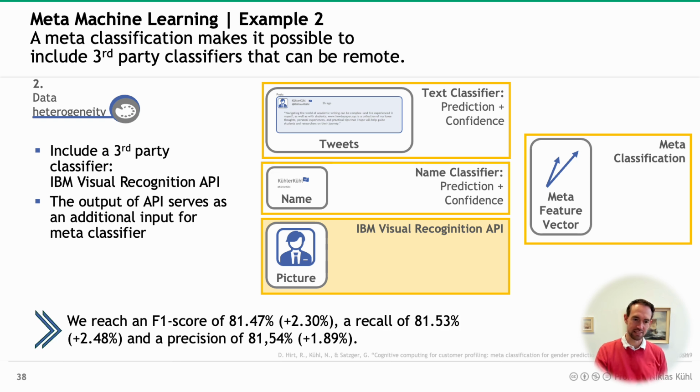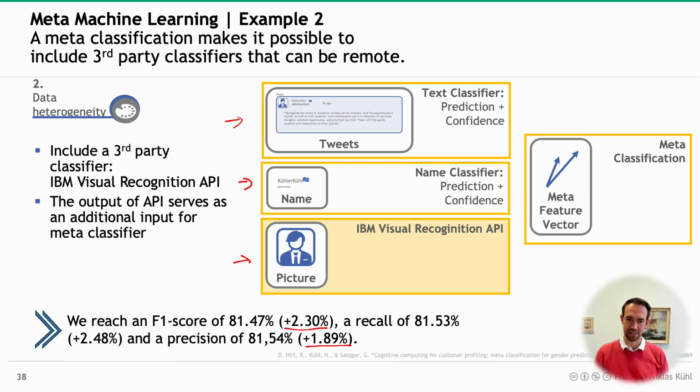And we can see that we reached pretty good scores with that in identifying the gender. We reached an F1 score of over 80%, pretty good recall, pretty good precision in the end. And especially if we compare this to cases where we did not have this visual identification in here. You could give each of these classifiers down here, which all deal with different types of data, obviously, and measure the impact of each of them.